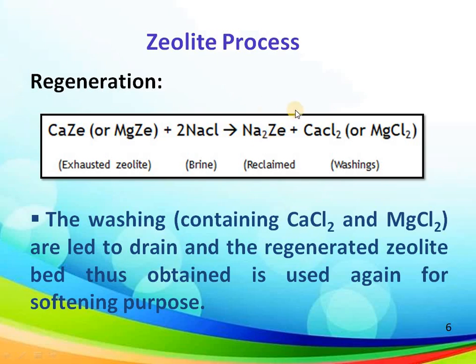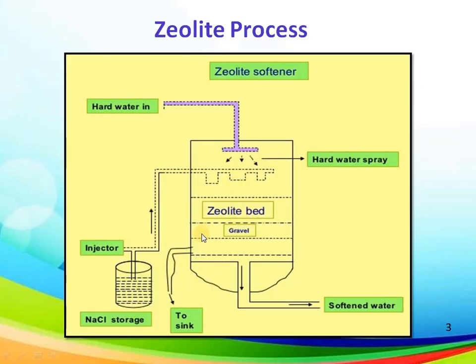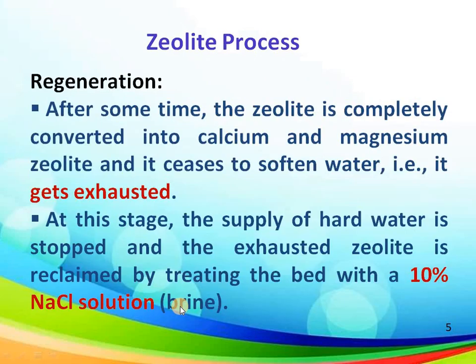It can be easily regenerated by the brine solution, and the washings of CaCl2 and magnesium chloride are drained out from this point when the brine solution passes through the zeolite bed. So calcium zeolite is again converted into sodium zeolite. This is known as regeneration.